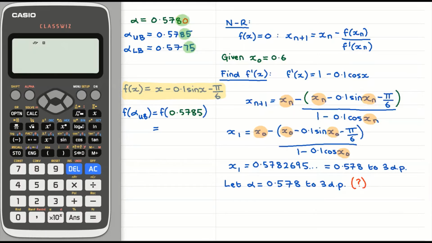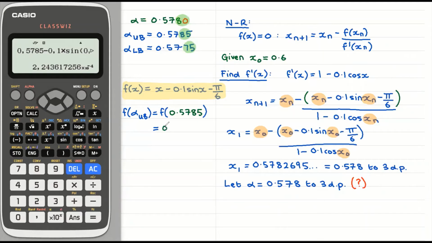So we're going to have 0.5785 as my x value, subtract 0.1 multiplied by the sine of 0.5785. Okay, and then I have to subtract pi over 6 from that. Okay, so hoping for something pretty close to 0, but we don't know if it's going to be positive or negative just yet. Okay, oh, that's very small. Okay, and it's positive.